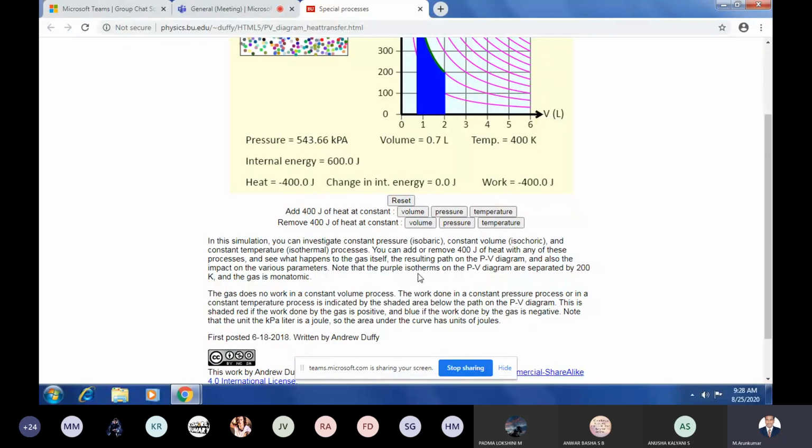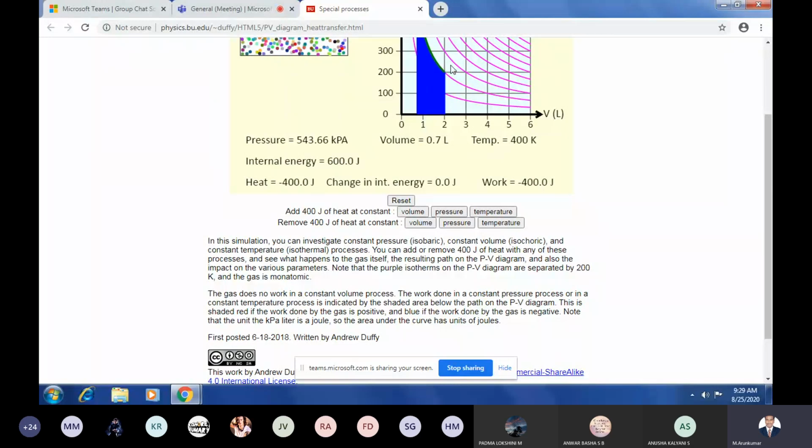Note that the purple isotherms on the PV diagram are separated by 200 Kelvin. So this is the temperature difference for an isothermal process. In the last example we discussed the isothermal process, where we are removing 400 joules of heat energy.